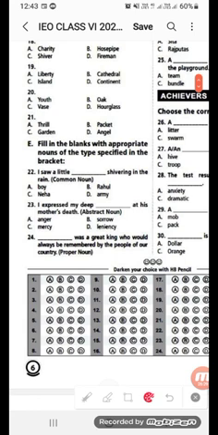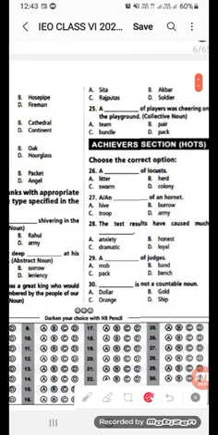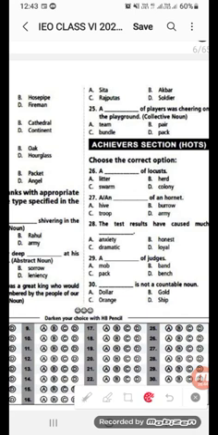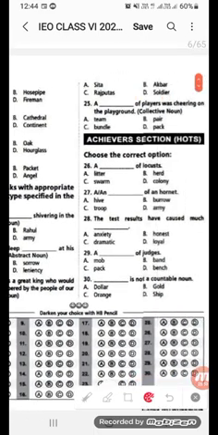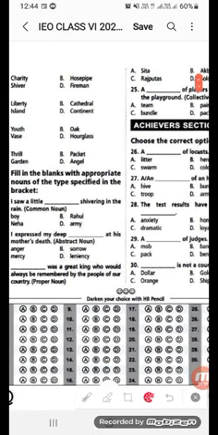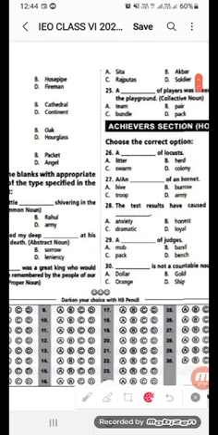Now number 24. Dash was a great king who would always be remembered by the people of our country. And we have to put here proper noun. Let us see which examples have been given. Sita, it's a name of a girl, a proper or specific name given to a girl, and also a character from the holy epic Ramayana. Akbar, he was a great king. Rajputs, it's a name of a community. And soldier.